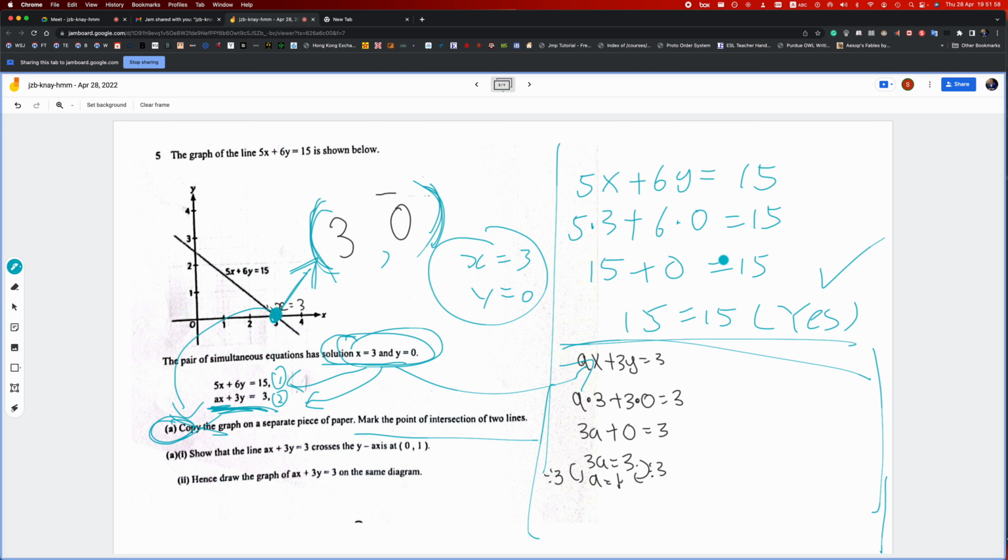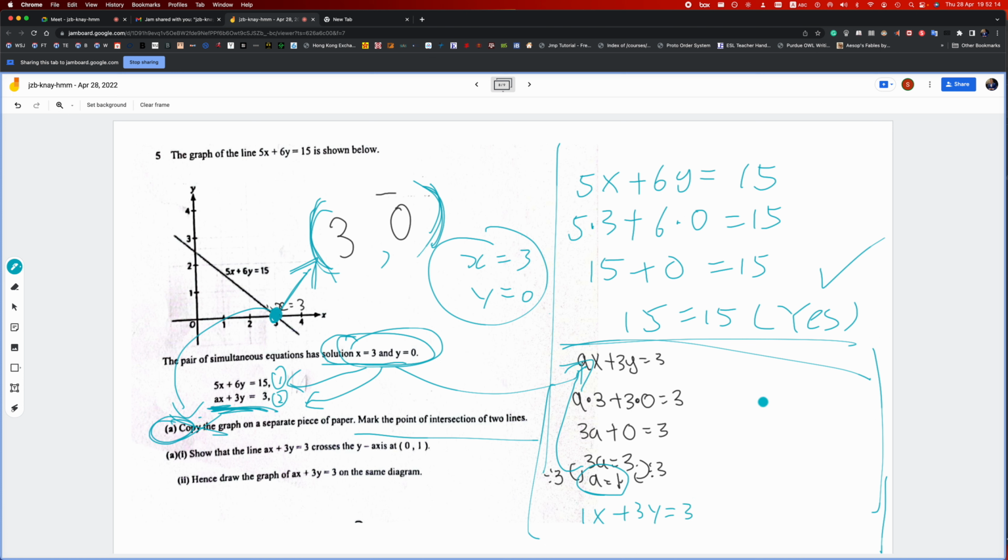So A equals to 1. Okay, now you put back the A equals to 1 to equation 2. So you put this back into the equation. So you get 1x plus 3y equals to 3.